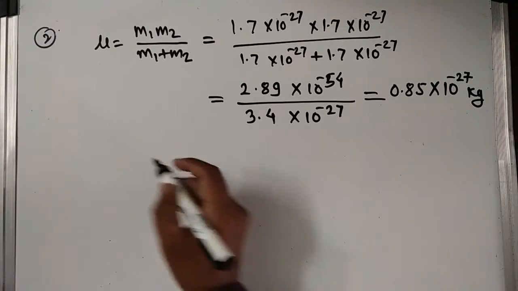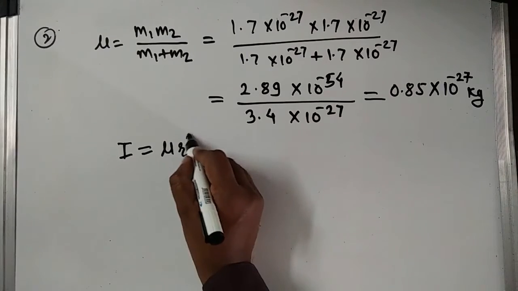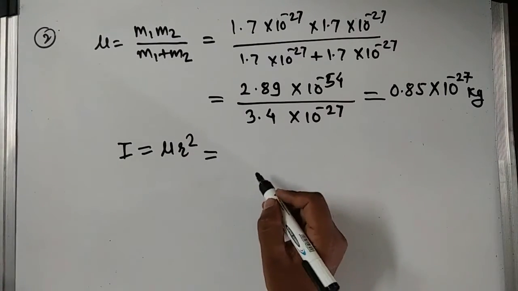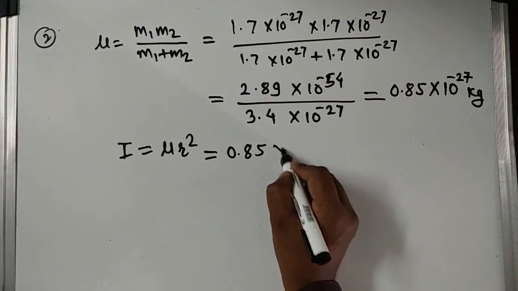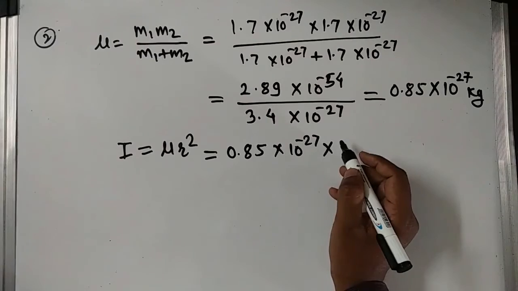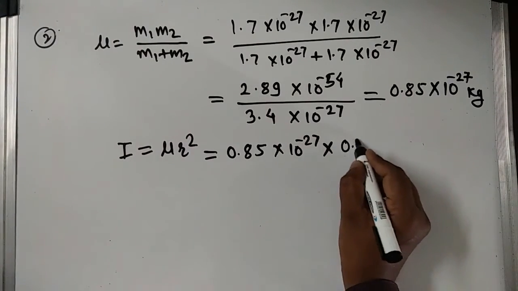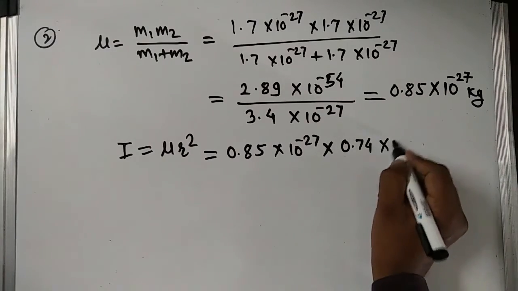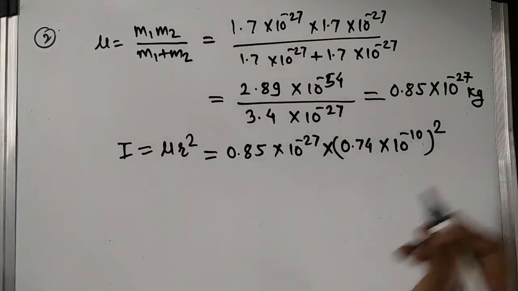Now we have to calculate the moment of inertia, which is given by mu into r square. So r is given and mu we have calculated, so it is 0.85 into 10 raised to minus 27 into r square, where the value of r is 0.74 into 10 raised to minus 10, in bracket square.